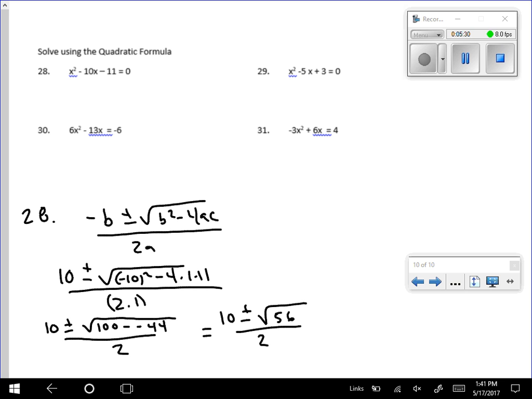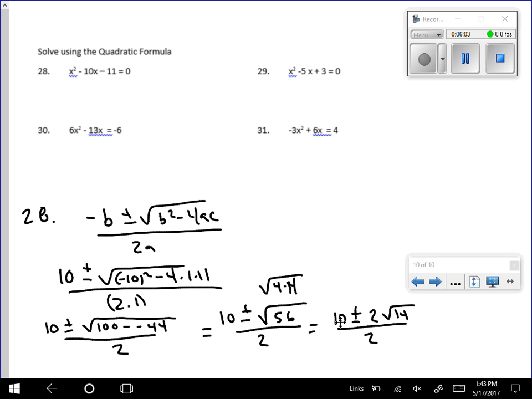Okay. We're going to run out of space on this one. So we got 10 plus or minus. So the square root of 56 is not simplified as a radical. We could break that down to 4 times 14. So from there, we would have 2 times square root of 14 over 2.